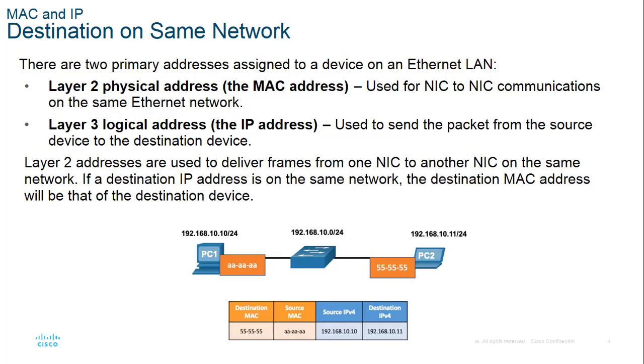The role of a layer 2 address is to deliver frames from one layer 2 device to another layer 2 device. Within a local network, it will be between one NIC card and another network interface card.